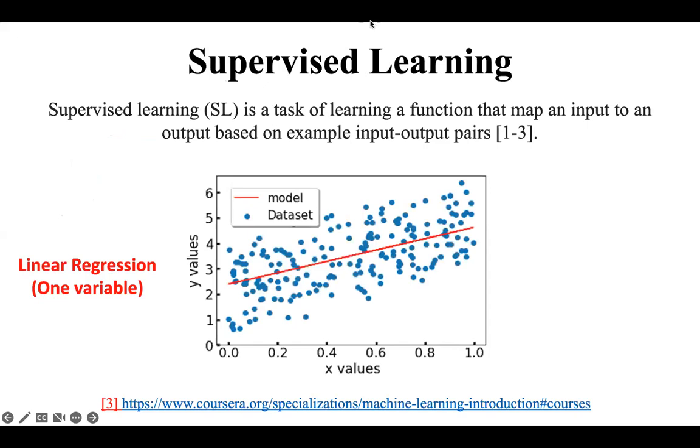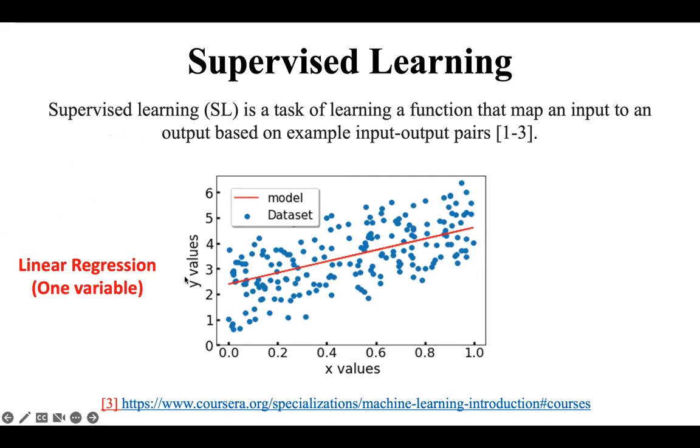Here I'm going to give you a definition of what supervised learning is. Supervised learning is the task of learning a function that maps an input to an output based on example input-output pairs. Look at the very simple example of linear regression. You are trying to fit a line to the data set you have.